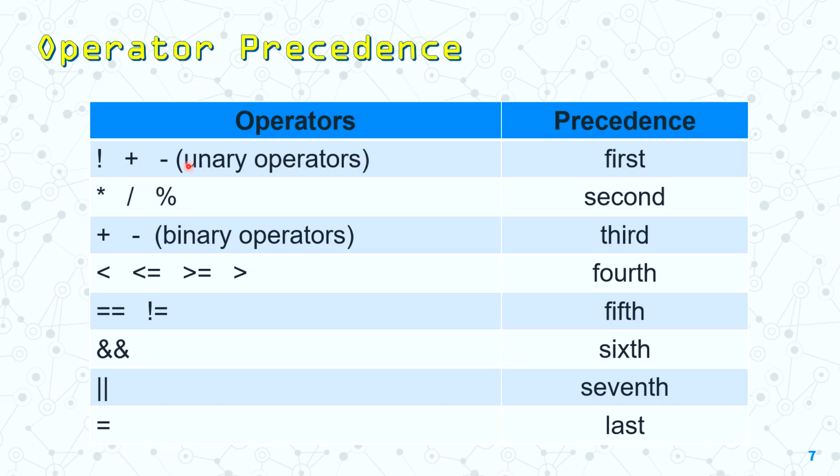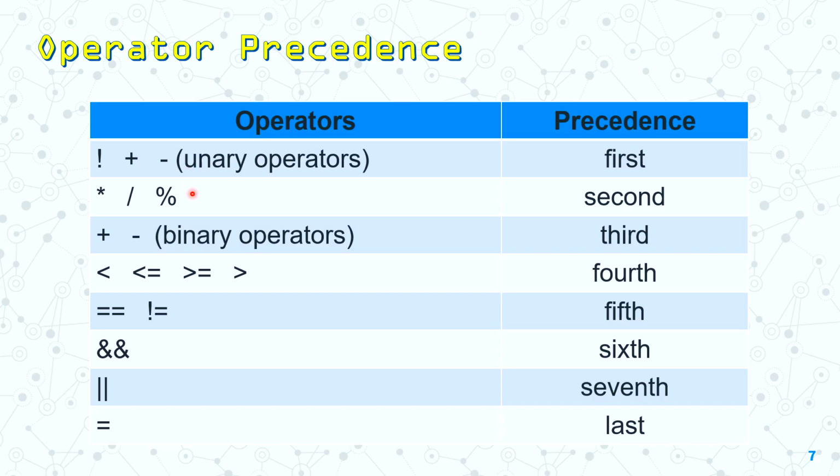At the very top, executed first, are our unary operators. Examples are the logical NOT with the exclamation mark, and positive or negative signs.